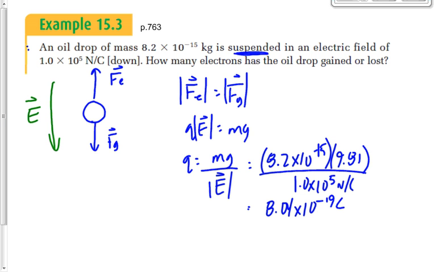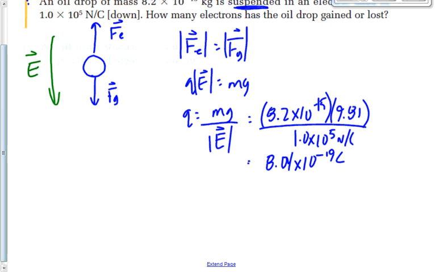How many electrons has the oil drop gained or lost? How many? A number. What do we do when we're looking for a number of something? The total divided by the amount for what? So let's take this charge, 8.04 times 10 to the minus 19 coulombs, and divide it by the charge of 1 electron.